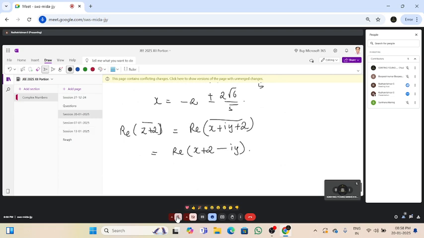So x plus 2 plus iy is the number. So its conjugate is going to be x plus 2 minus iy.